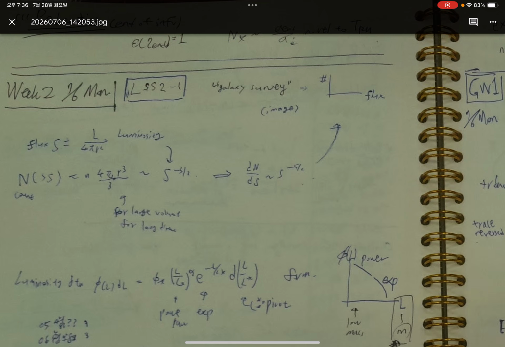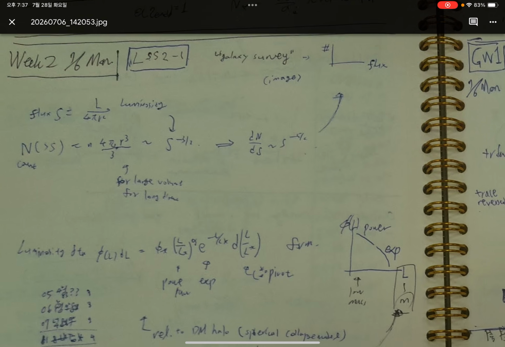So the count number N greater than some flux threshold S can be represented as a function of the distance R. So we can find the relation between the count number and the flux, and its derivatives provide some information about the image count.